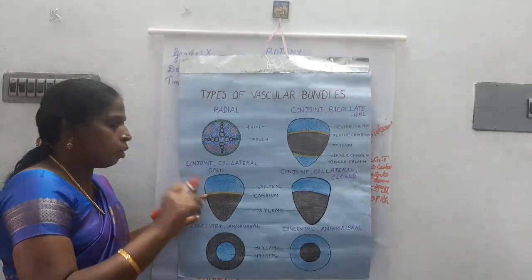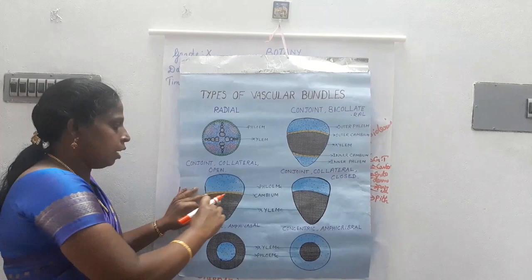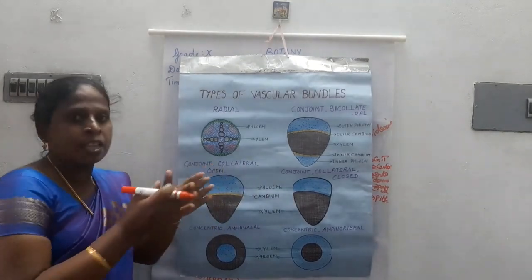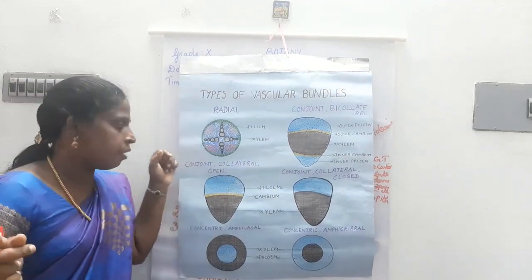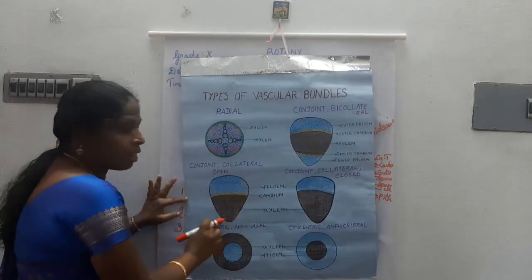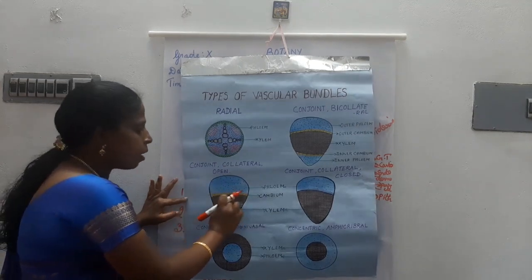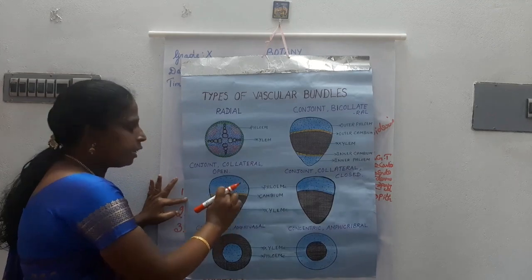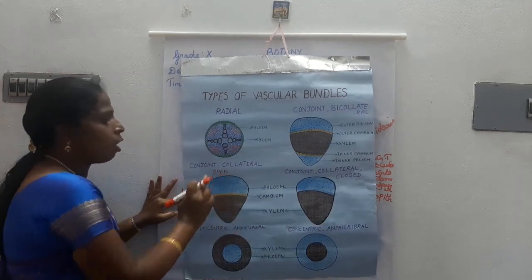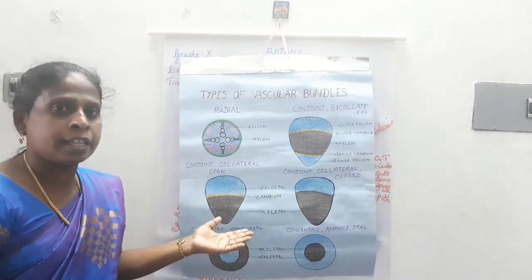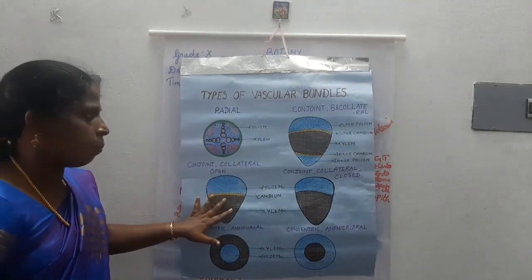During secondary growth, this cambium is helpful because the cells can divide and increase the width. So that is called cambium. In the collateral vascular bundle, if cambium is present between phloem and xylem, that type of vascular bundle is called open vascular bundle.